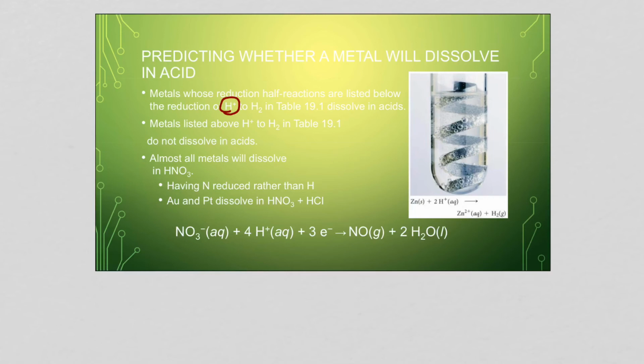So if you put your metal in your acid, you want your metal to undergo oxidation and your hydrogen ions to undergo reduction, so you need the metal to be below it, with a higher tendency to undergo oxidation in the table. If you have a metal that's listed above the SHE electrode, like copper or silver or gold, they are not going to dissolve or react with many acids.